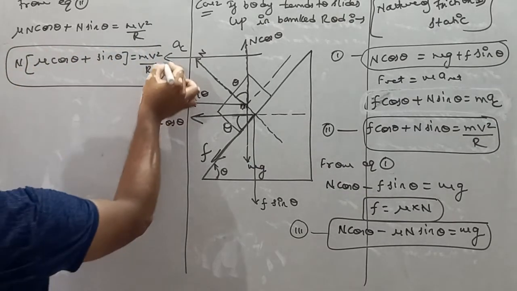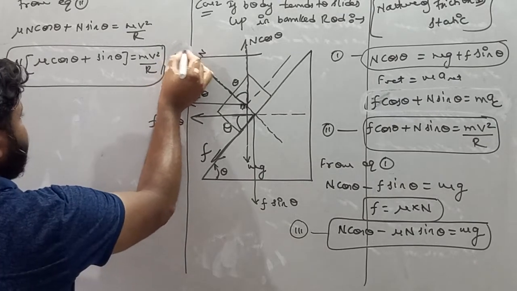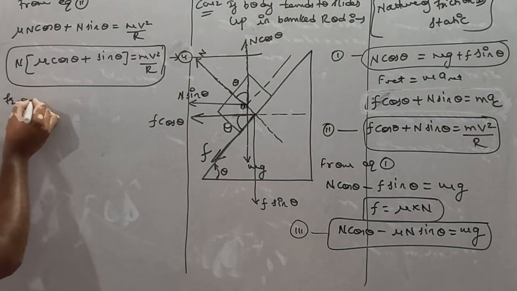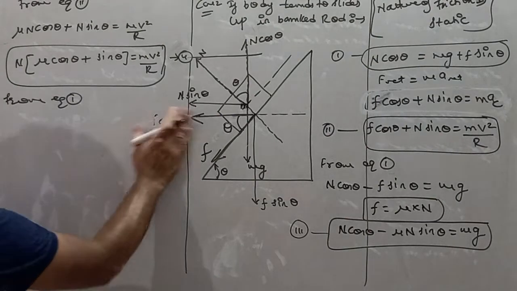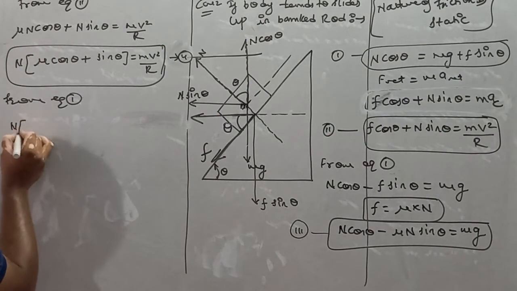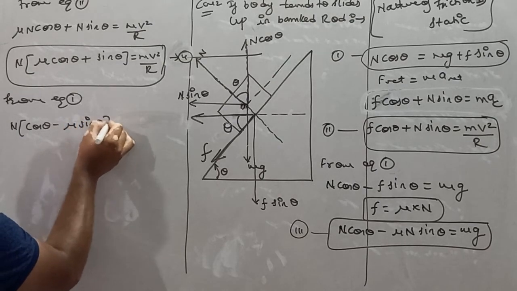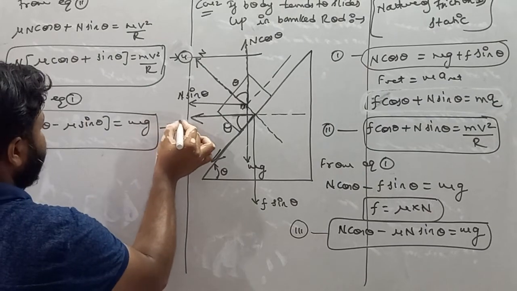This is another equation which forms, let's suppose this equation to be equation number 4. Now from equation 3, again I am taking n common, so we'll get n into cos theta minus mu sin theta equals mg. Let's suppose this equation to be equation 5.